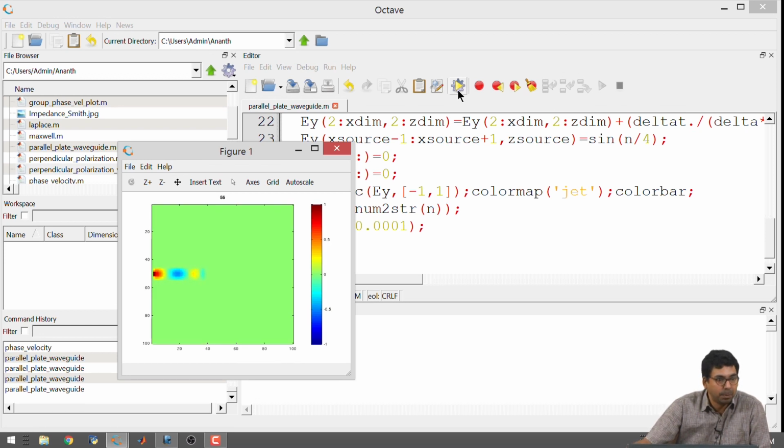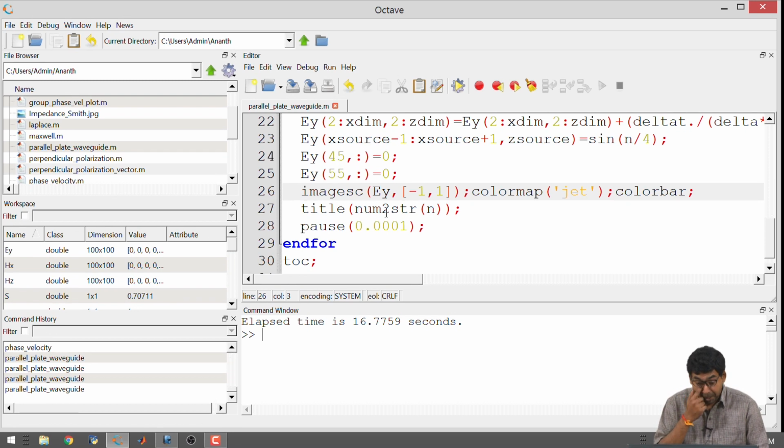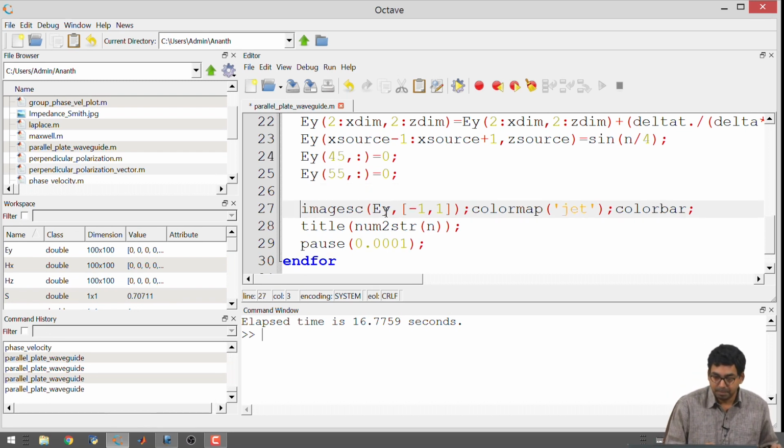Now, I will start looking at what else is going on. One of the things that I notice is that it is giving plots for every instant of time. So, I am just going to make it easier for me.